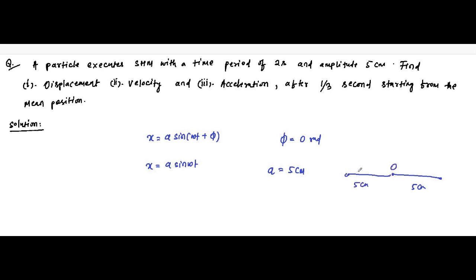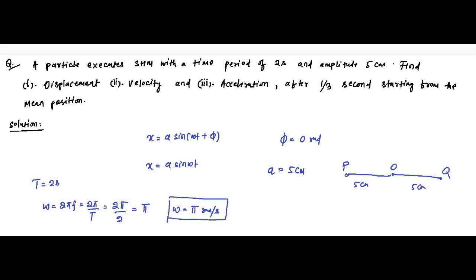The time period T is equal to 2 seconds. Now we know omega is equal to 2 pi f or 2 pi by T, that is 2 pi by 2, so that is equal to pi. So omega is equal to pi radians per second.